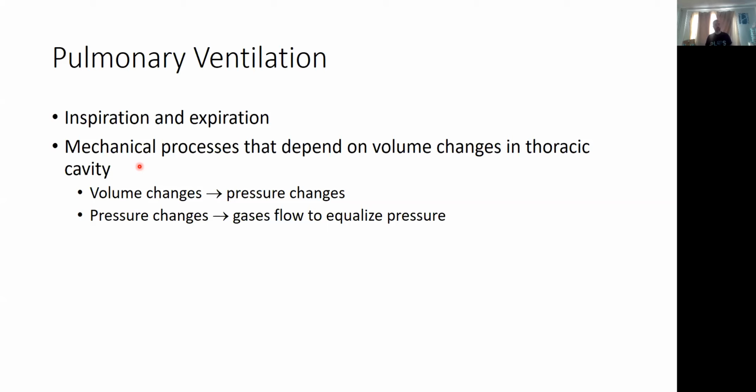And if we relax that, if we allow the abdominal cavity to push back up again, the elastic stroma to collapse back in a little bit, then we make the lungs smaller, we increase pressure. And as long as we lower pressure below atmospheric pressure, we suck in. As long as we raise pressure above atmospheric pressure, we blow out.